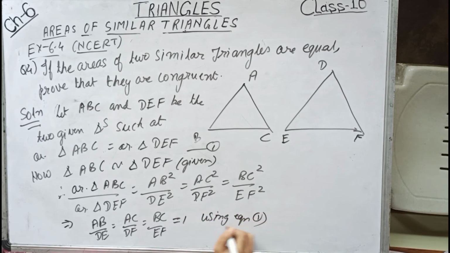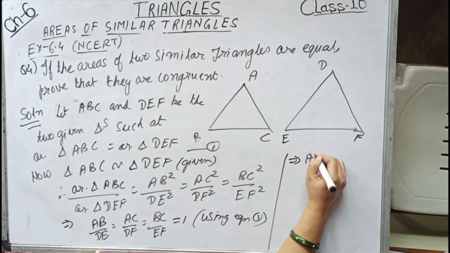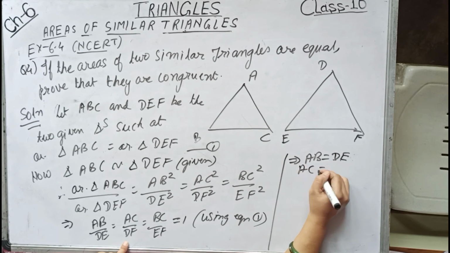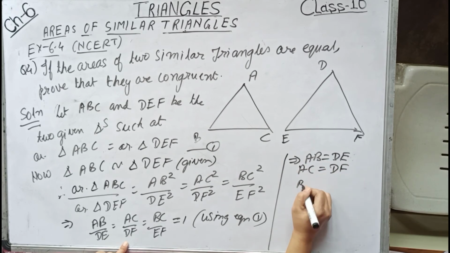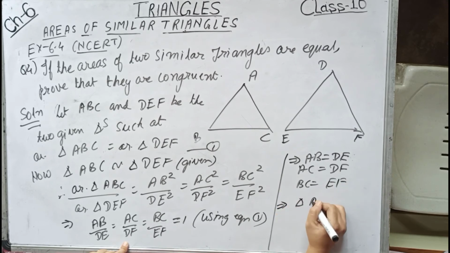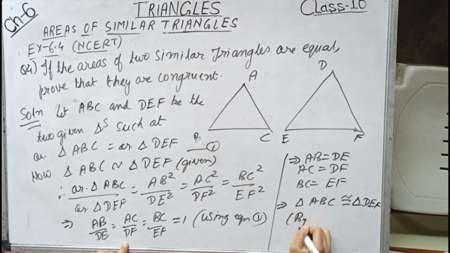Now if AB by DE equals 1, it means AB equals DE. So this implies AB equals DE, AC equals DF and BC equals EF. This implies triangle ABC is congruent to triangle DEF by the triple S congruence rule, and hence proved.